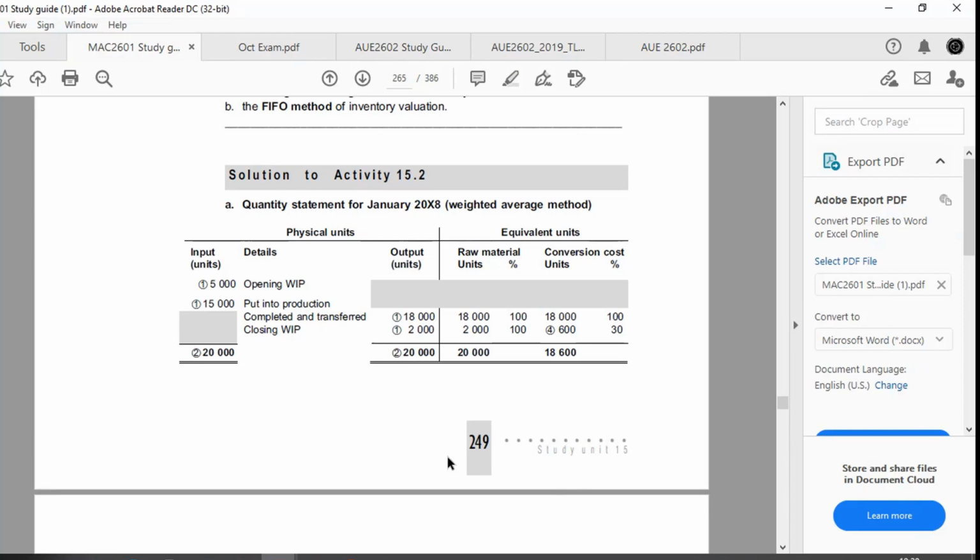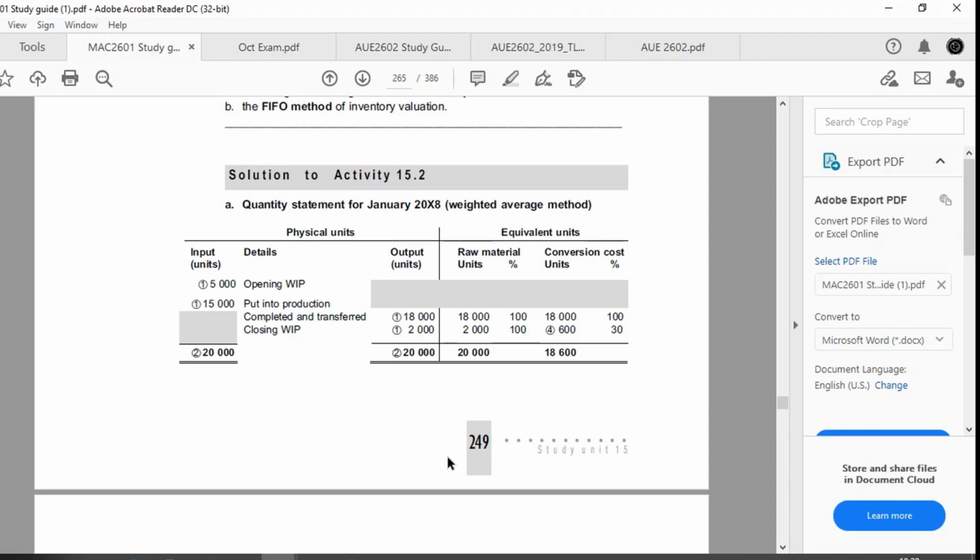It's 18,000 units that was completed and transferred. So that stays the same. With the closing WIP side, it is 2,000 units, 100% on the raw material. The conversion unit, that is then the 30%.